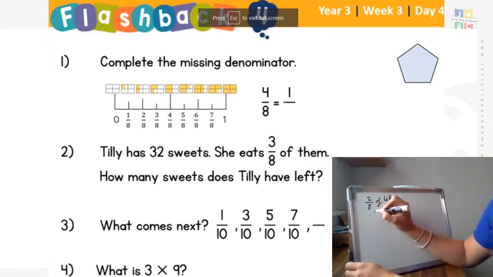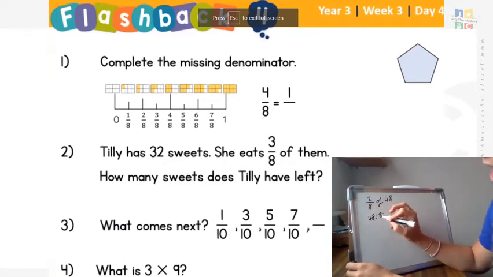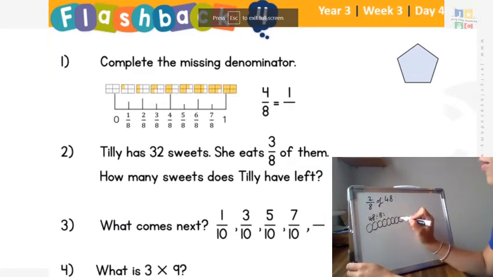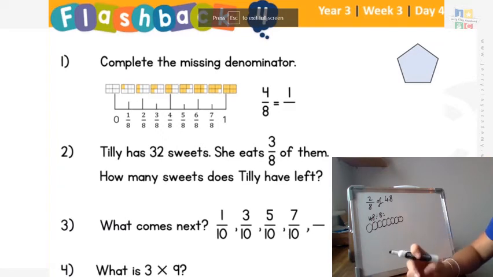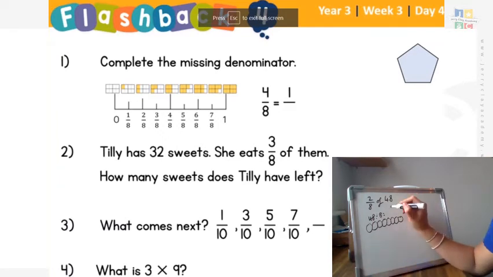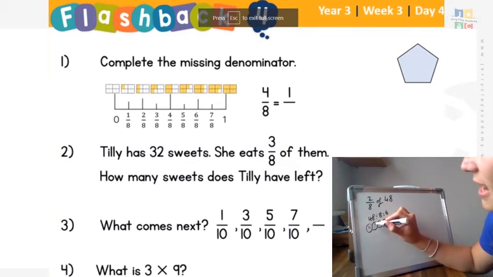So I could do 48 divided by 8, and I could obviously do my dots, or I could write 1, 2, 3, 4, 5, 6, 7, 8, or I could just count up in 8s, 8, 16, 24, 32, 40, 48. So I know each part is worth 6.